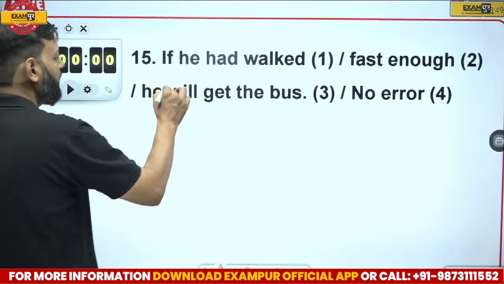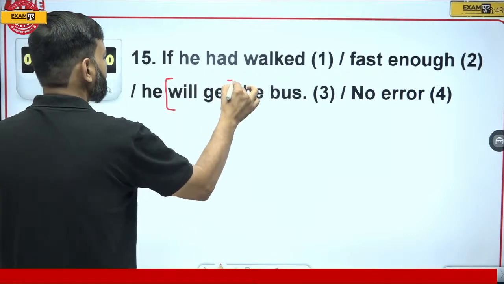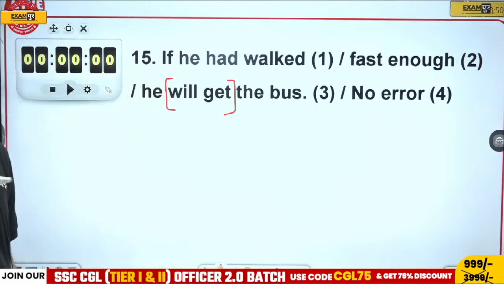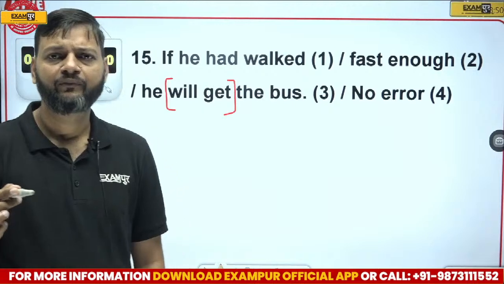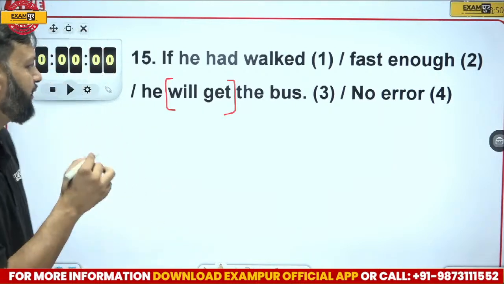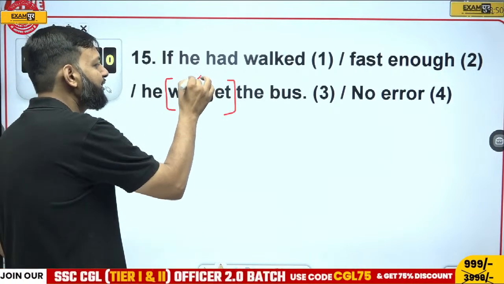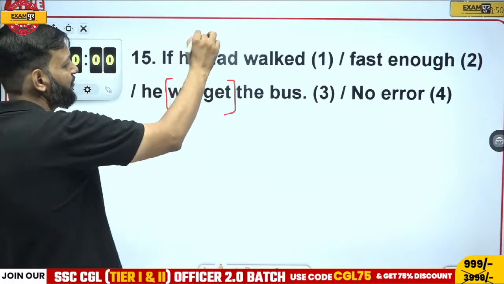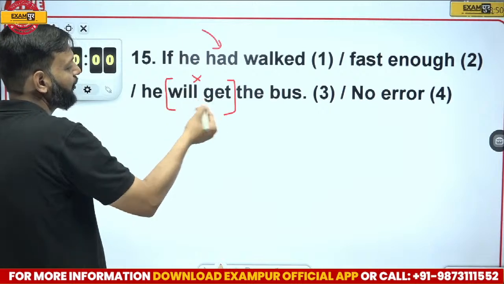Here you have to replace will get. The error is certainly in the third part. Here will get is wrong, because this sentence is in past, so future cannot be used.